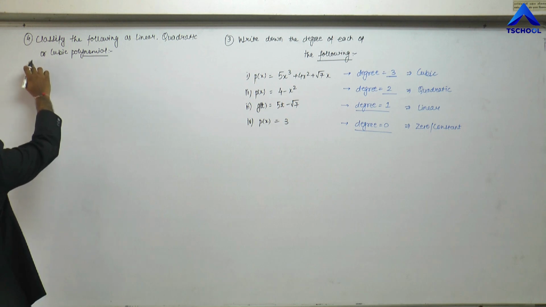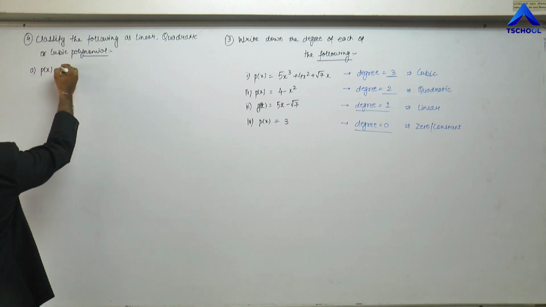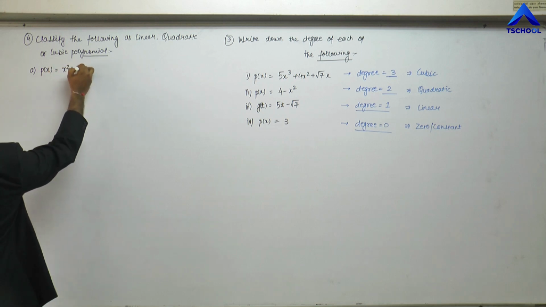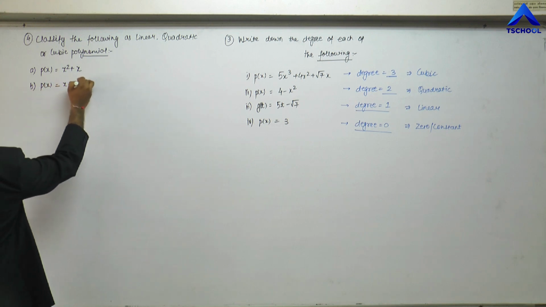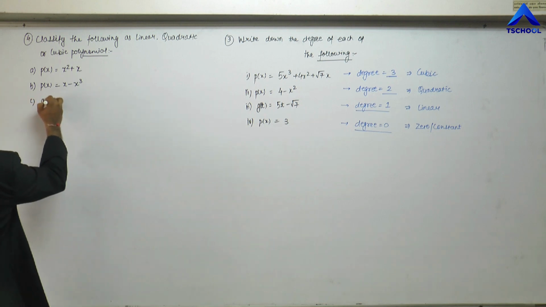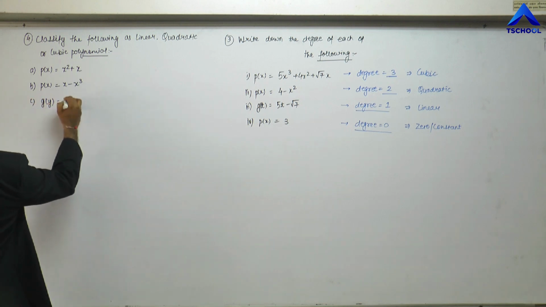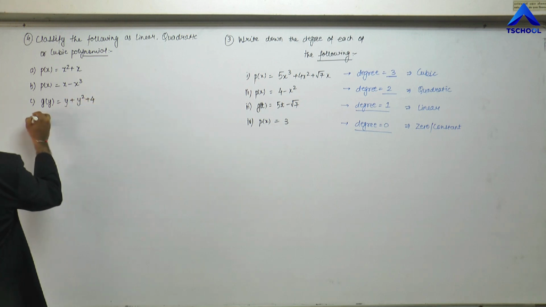The first one I shall write down in the form of ABCD. The first one, p of x is equal to x square plus x. The second one, p of x is equal to x minus x cube. The third one, g of y is equal to y plus y square plus 4.